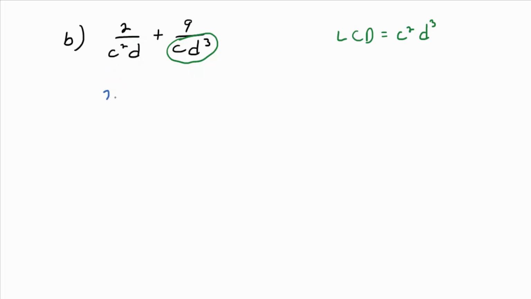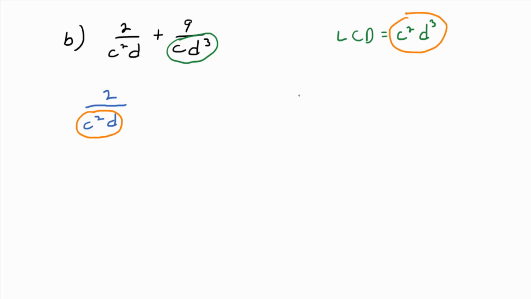Okay, now that you've identified the LCD, let's take this first guy. Let's take 2 divided by c squared d, and what could you multiply numerator and denominator by? You've got to get this to look like c squared d cubed. Multiply numerator and denominator by the factors that this guy is missing from the LCD.